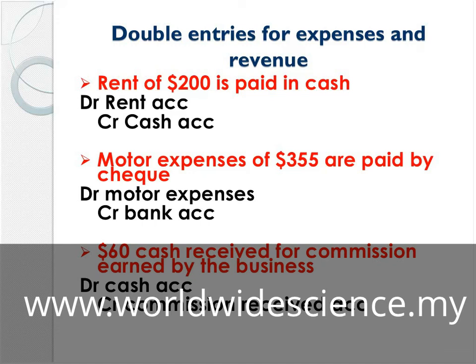On the debit side, you see, we are showing the rent. Our rent is increased. On the credit side, we show cash. Cash is decreased, meaning minus.